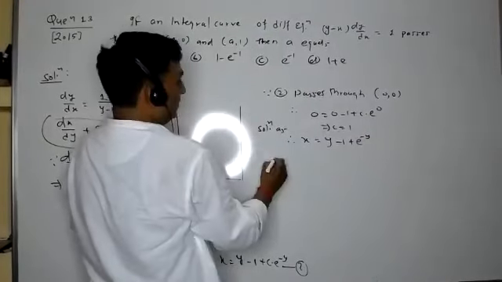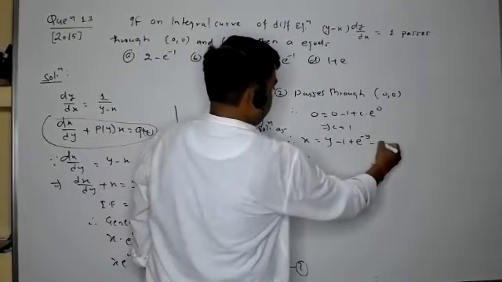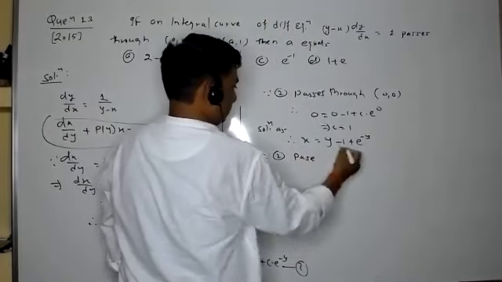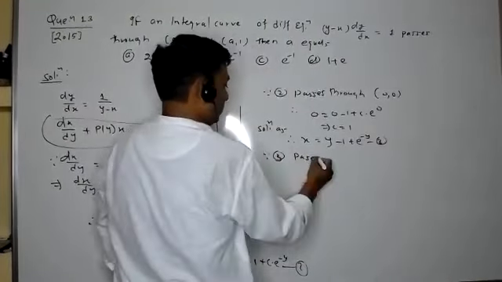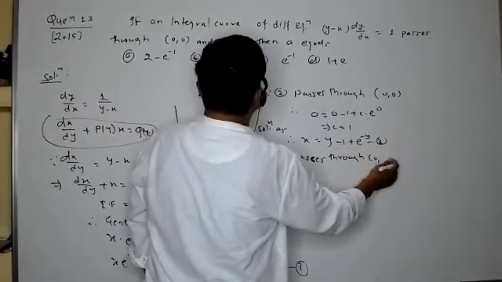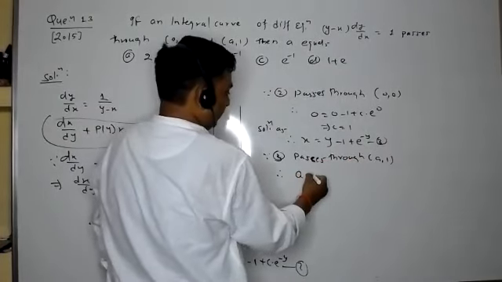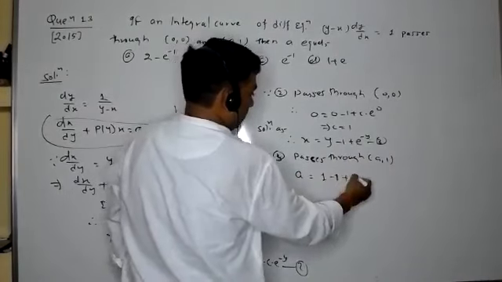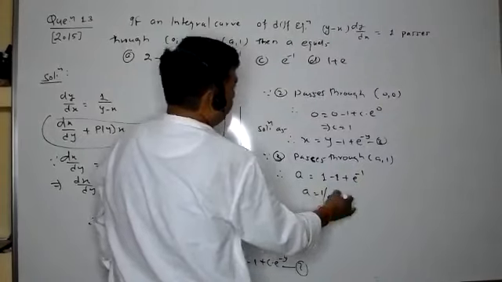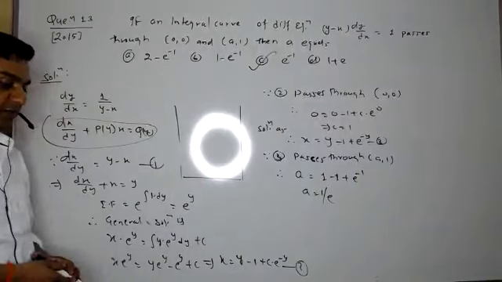Let's say this is 3. So what they asked also, it passes through (a, 1). So what will happen? x is a, y is 1, so a equals 1 minus 1 plus e raised to the power minus 1, which is e inverse. So C is the right choice, right? Yes, Sanjali was correct.